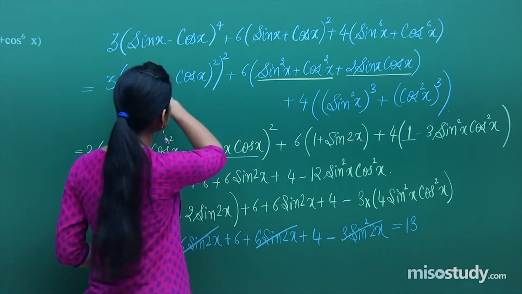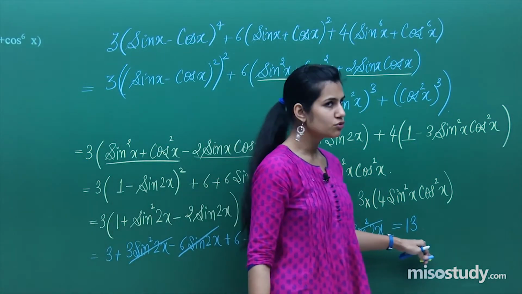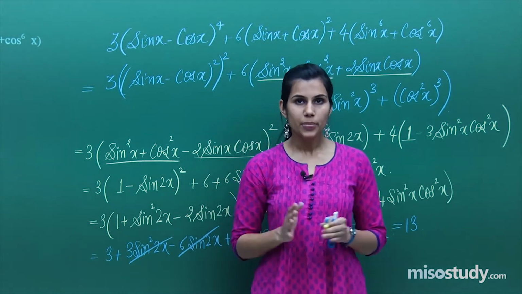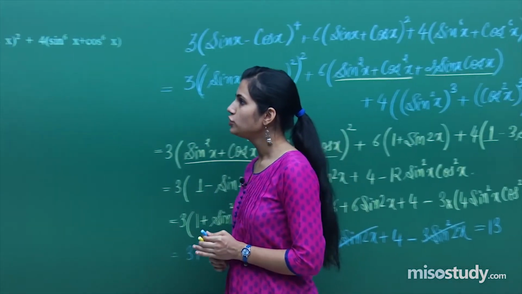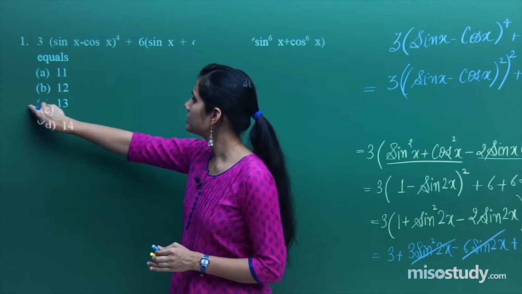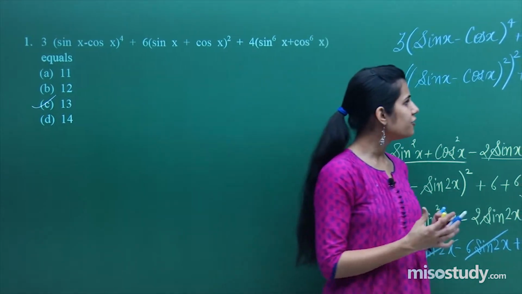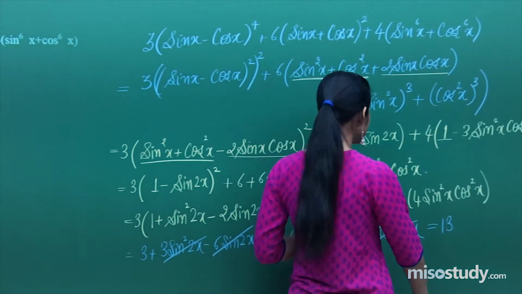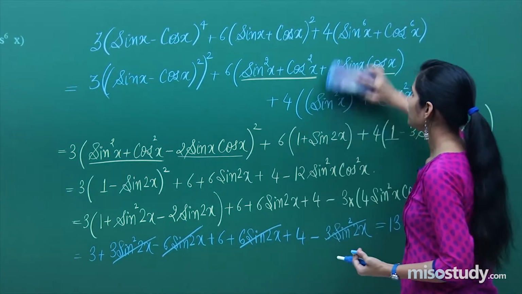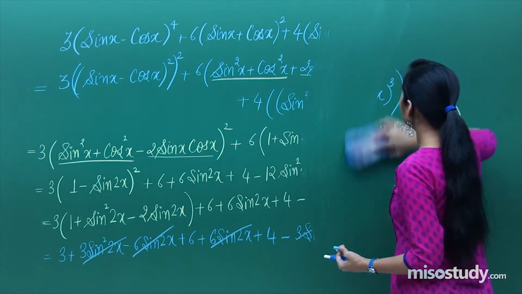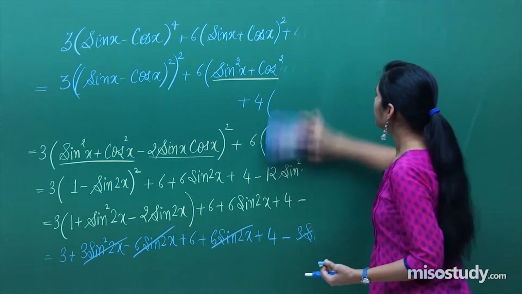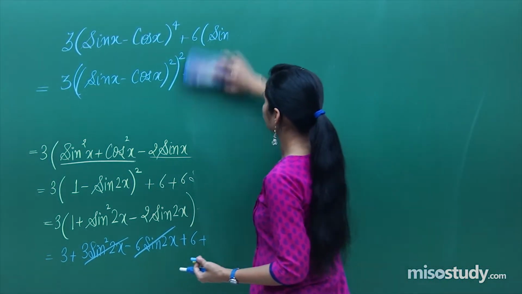So such an expression is actually boiling down to this natural number, which is 13. The correct option, therefore, is C. Understood? That's how, just by rigorous use of basic trigonometric identities, you can very easily complete this question.